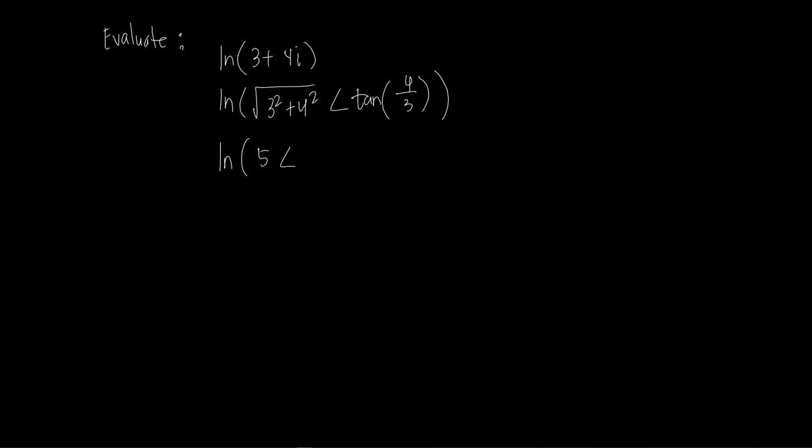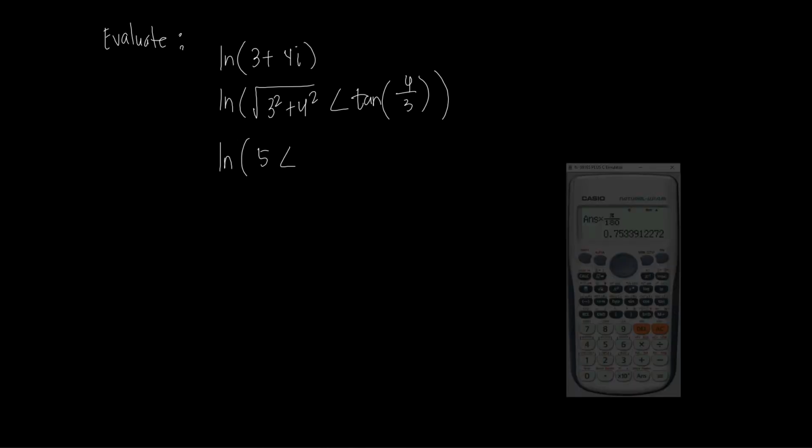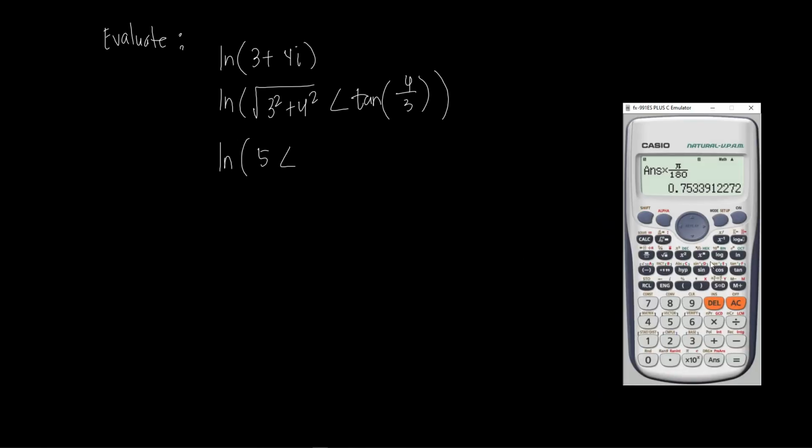Then we have angle of arctan of 4 over 3. That is 53.13. Then, i-convert na lang natin siya diretso into radian. Theta must be in radian, so times pi over 180. And we have 0.927.